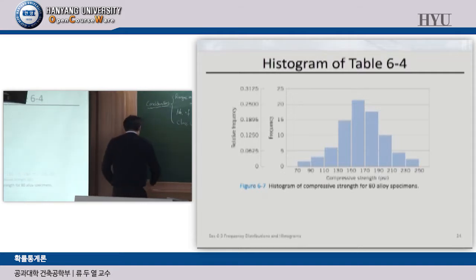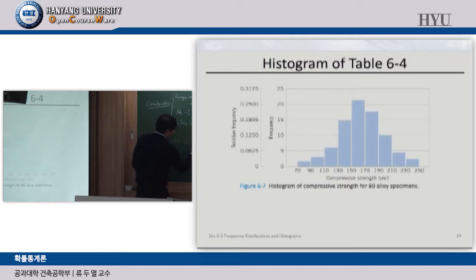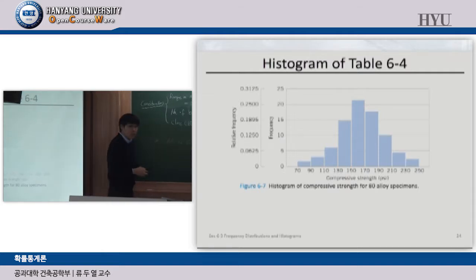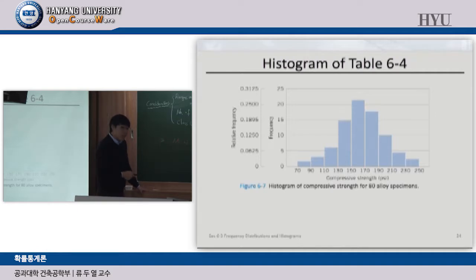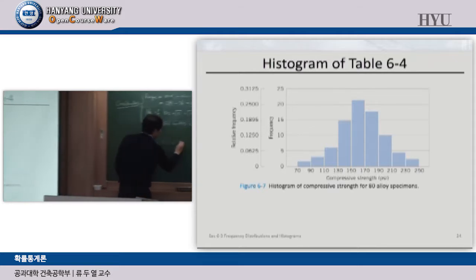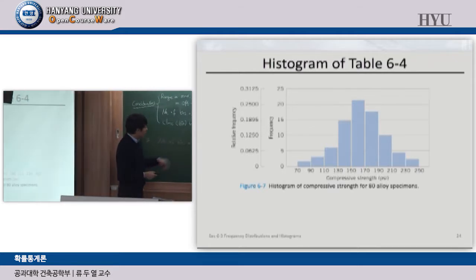From these considerations, we need to first decide the number of bins, and the number of bins should be an integer value. So we can determine 9. Why? 9 is very close to the calculated number of bins here.